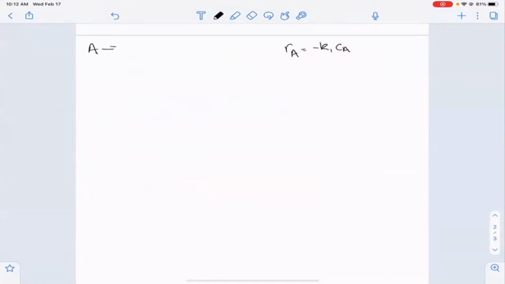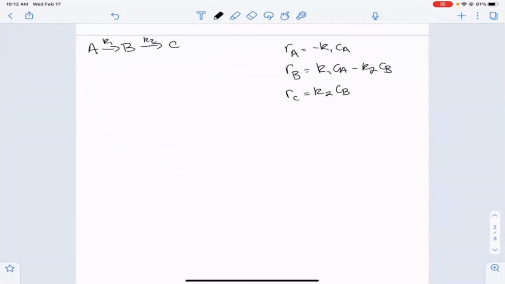And this is A goes to B goes to C, and that's K1, that's K2. RB is K1 CA minus K2 times CB, because we formed that through the first reaction and it's consumed in the second reaction. And RC equals K2 times CB, because you only form it in that reactor.